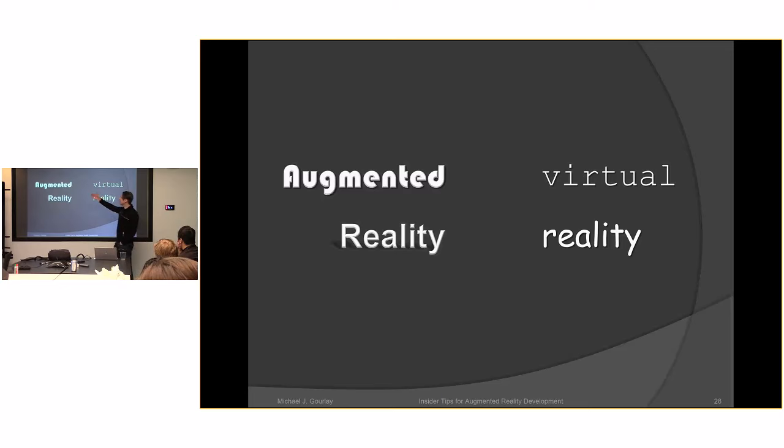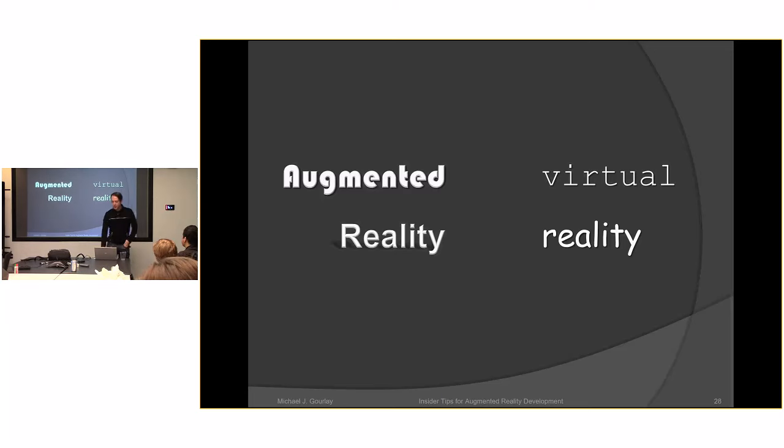In almost every talk or session I've been to, people say augmented and virtual reality almost like there's only a one letter difference. Like we can say AR and VR, if you could make a little glyph that was A and V simultaneously, it's almost the same thing, right? Well, actually it's quite different.